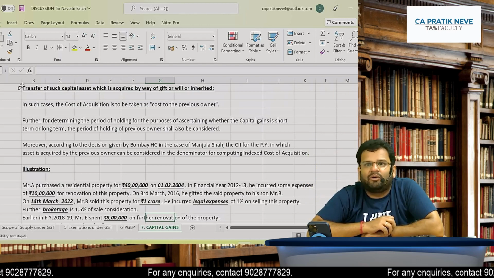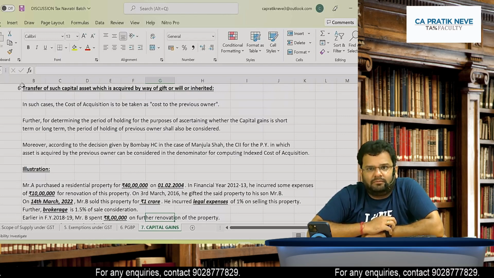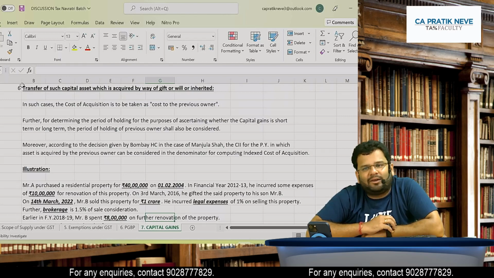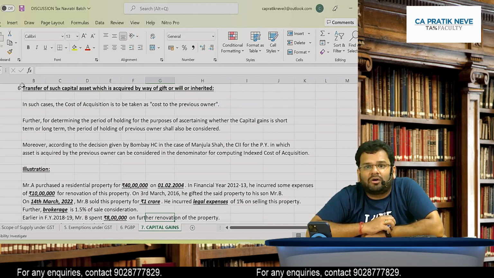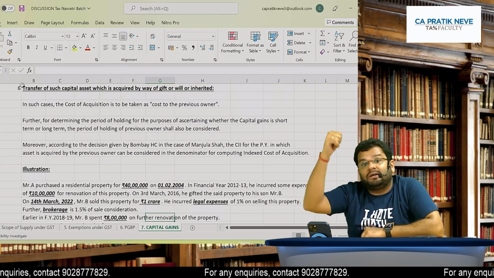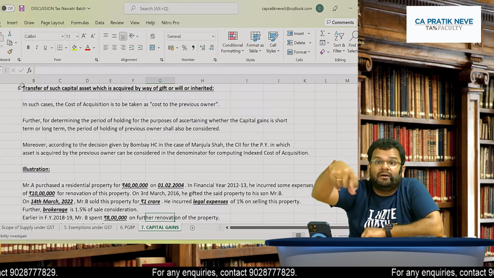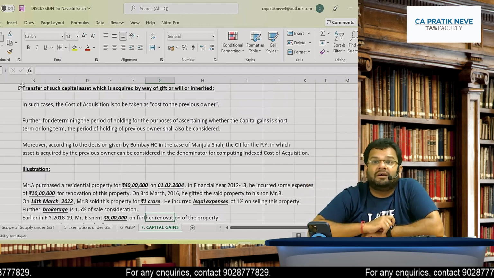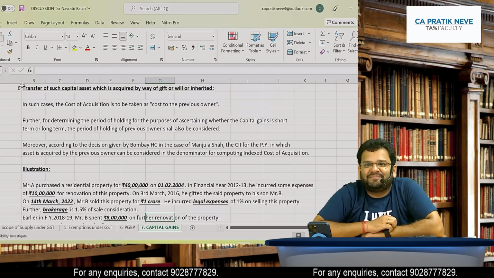One more thing I want to tell you. Period of holding. Why is period of holding calculated? To determine whether asset is short term or long term. That period of holding for his great grandfather will also be included in Aditya's period of holding to calculate his total period of holding. Okay.